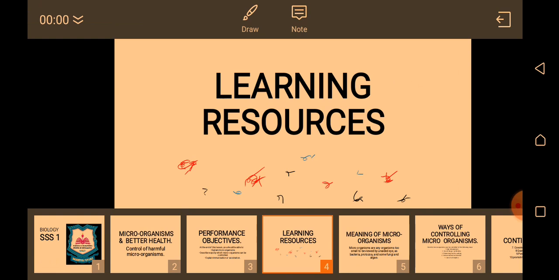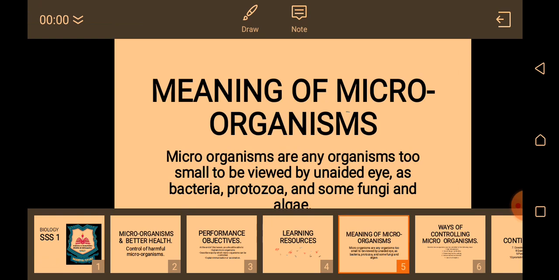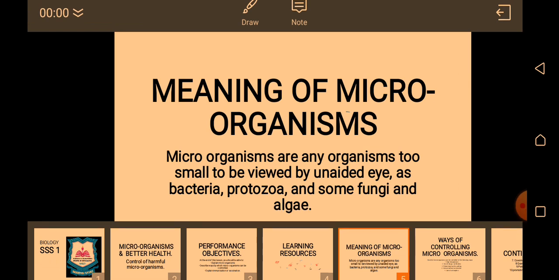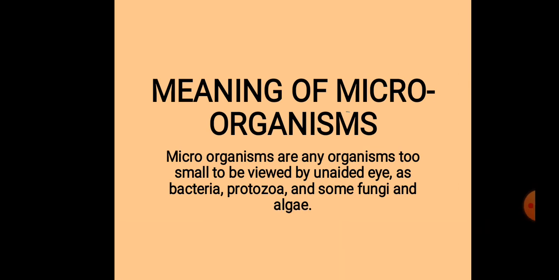So today we are looking at those that are not really good for the health and how we can control them. Microorganisms are organisms too small to be viewed by the unaided eye, such as bacteria, protozoa, and some fungi and algae. They are organisms, but they are very small to be viewed.